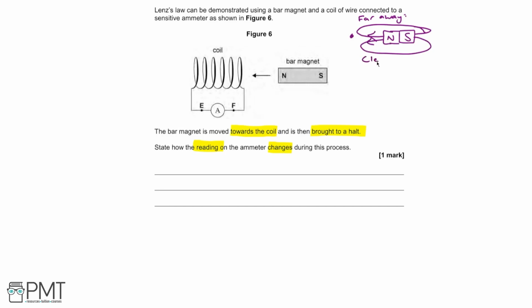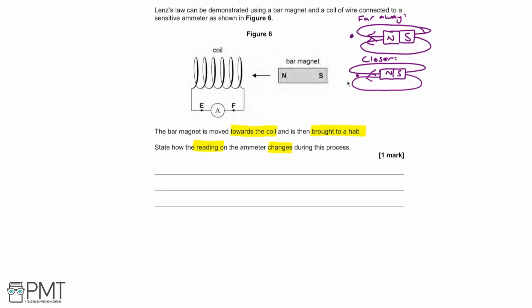If the bar magnet is a bit closer, and we have something which looks more like the North Pole here and the South Pole here, so the field lines are closer together in that part of the coil. What this diagram conveys then is that the magnetic flux density is going to change as the bar magnet gets closer to the coil, because the magnetic field lines are closer together.